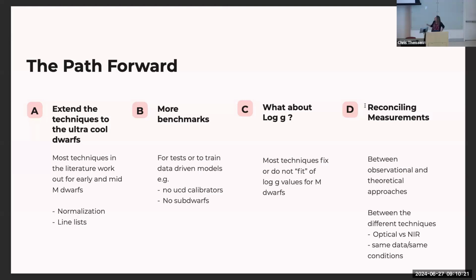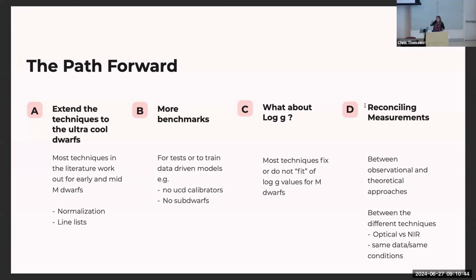Just so everything looks nice. And the last part is, I think we all have been doing a really good job trying to compare values to values. But one thing is being more clear about what we have with observational and theoretical approaches, but also between different techniques.